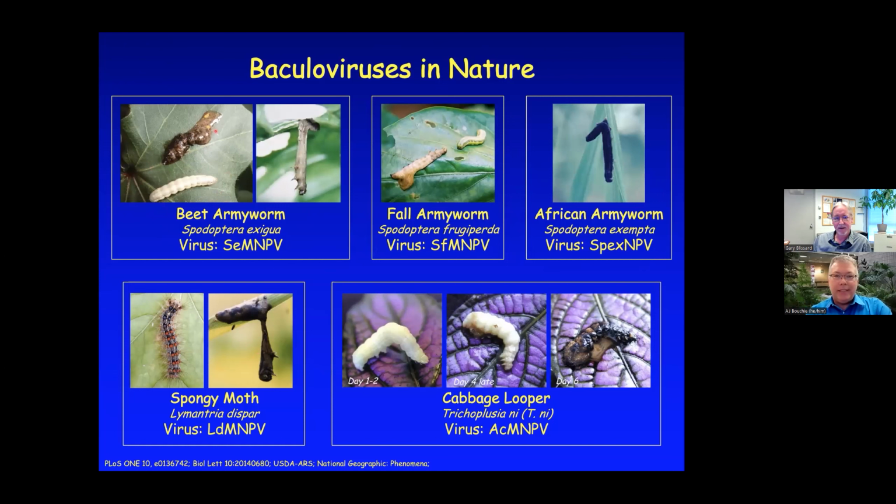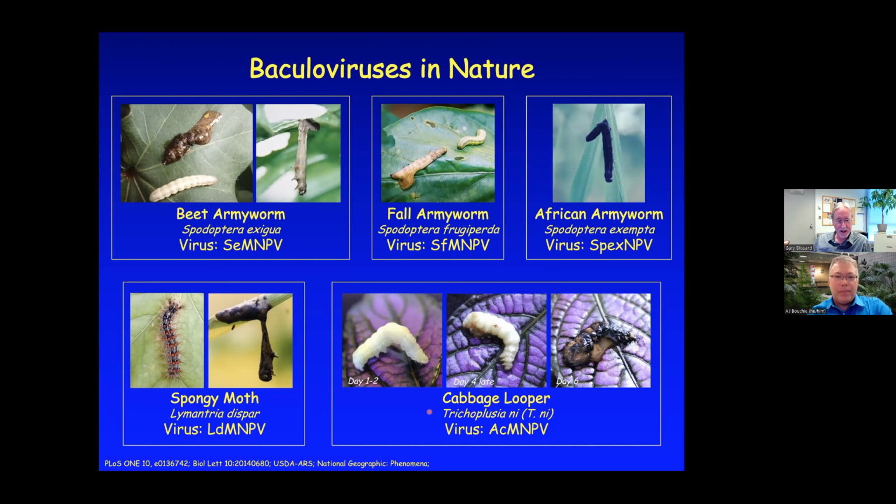The disease from a baculovirus often results in just the liquefaction of the larva, and that liquefied mess is essentially a pool of virus that is then transmitted to the next insect that comes along, or the next susceptible host.